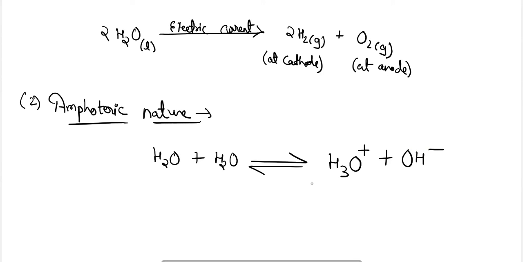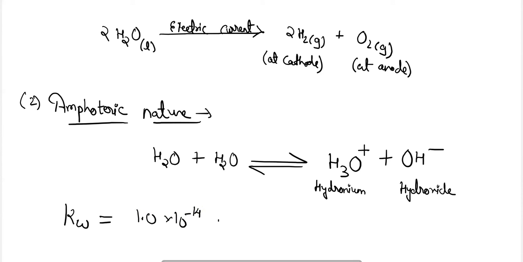Here, in the protonation of water, we find that it forms a hydronium ion and a hydroxide ion, and the water dissociation constant is 10 to the power minus 14 mole square per liter square at room temperature, that is 25 degrees Celsius or 298 Kelvin.